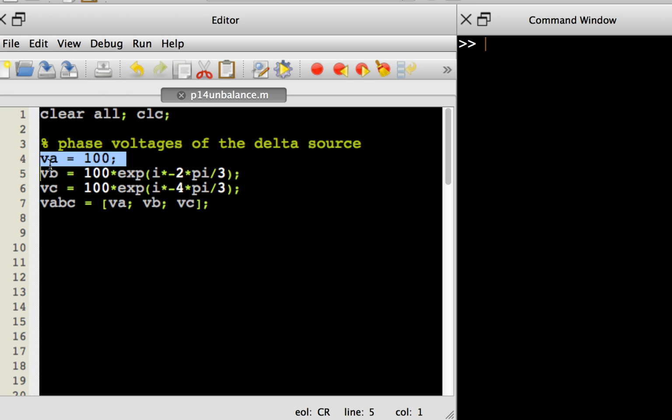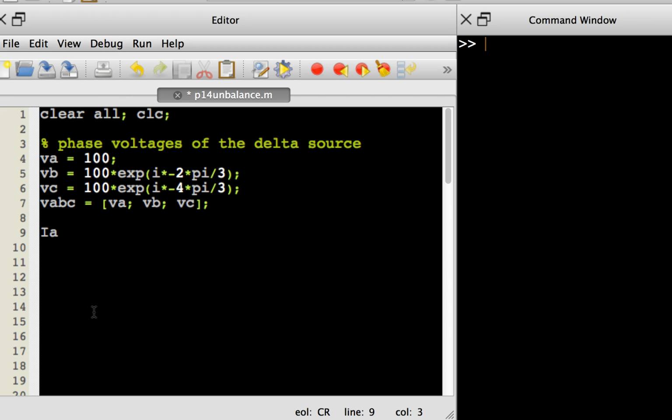VA value is 100 volts and VB is 100 volts with a phase angle of minus 2 pi by 3, that is minus 120 degrees. VC is defined as a voltage of 100 volts with a phase angle of minus 4 pi by 3, that is minus 240 degrees. And I am gathering VA, VB, VC into a vector called VABC.